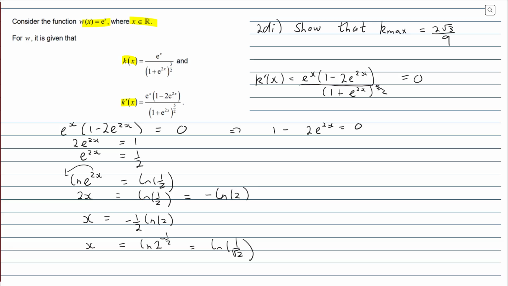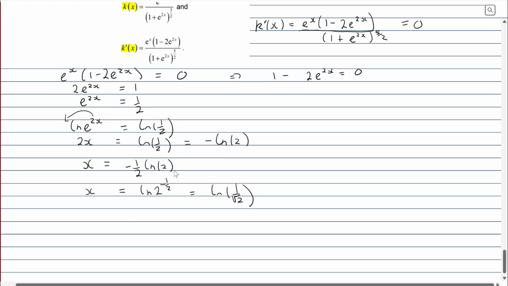So we'll plug that back in to k of x, and we should end up getting 2 root 3 over 9. Okay, so we'll scroll down, get a bit of room there. Okay, so let's plug it in. So I'm going to get k of ln 1 over root 2.